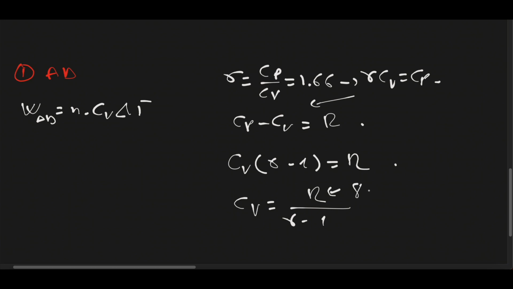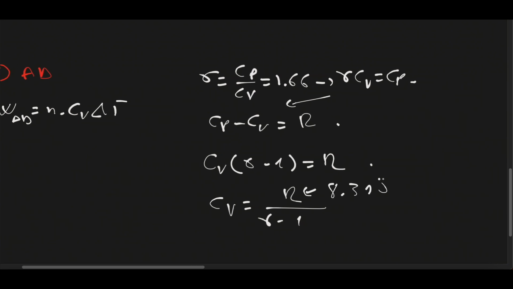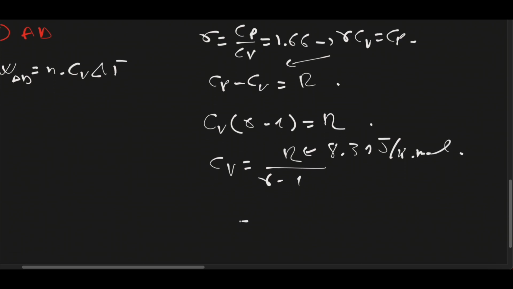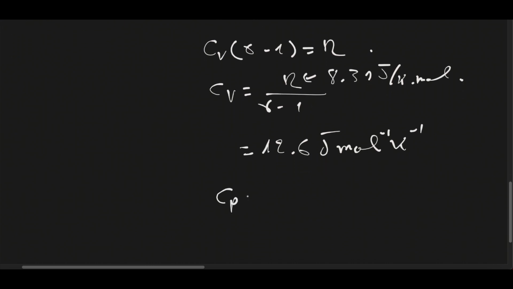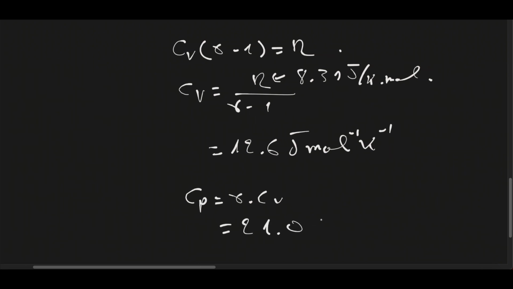Here R is given as 8.31 joule per Kelvin per mole. And we get a value of 12.6 joule mole minus 1 Kelvin minus 1. And Cp is equal to gamma times Cv, and is equal to about 21.0 joule mole minus 1 Kelvin minus 1.